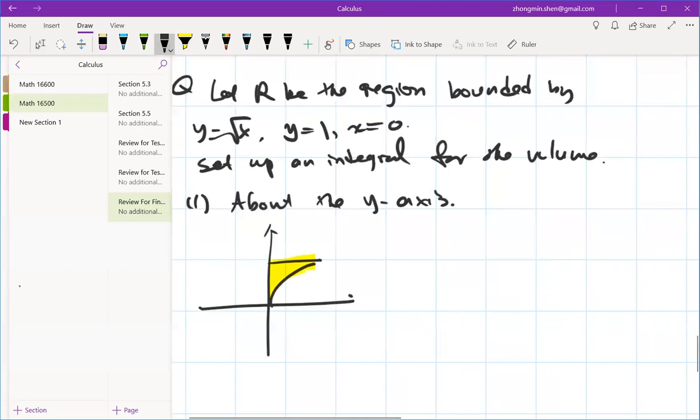So it's rotated about the y-axis. Draw a kind of 3D picture. Sketch it. Can you use both the discs and the cylindrical shells methods to set up the integral?